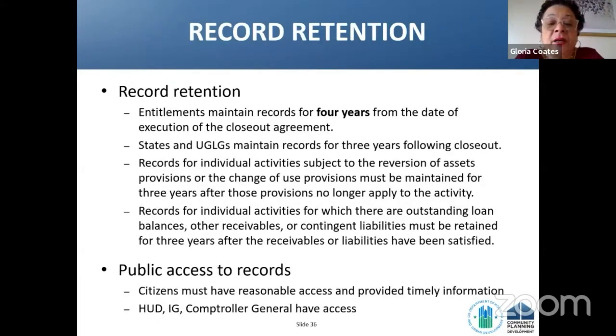Record retention. Now, when you go to 2 CFR Part 200, it talks about 3 years.